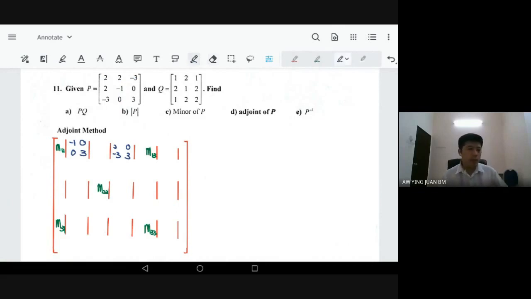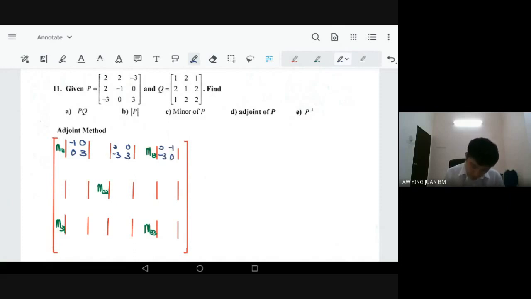Kindly repeat the process of finding the minor. You may try, and after that, check your answer with mine. Proceed. So we have 1, 3, which is 1, negative 1, negative 3, 0.